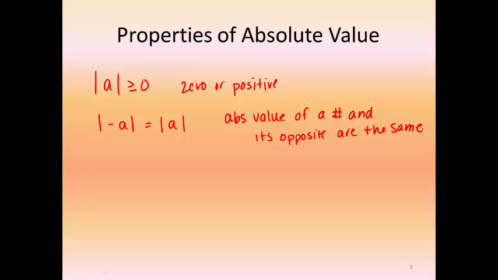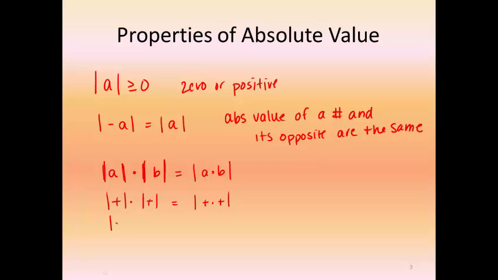Okay? We also know that if we take the absolute value of A times the absolute value of B, we could simplify that by doing the absolute value of A times B. This works. Let's think about why that works. If A and B are both positive, a positive times a positive inside absolute value will not change it. Consider that with negatives now.